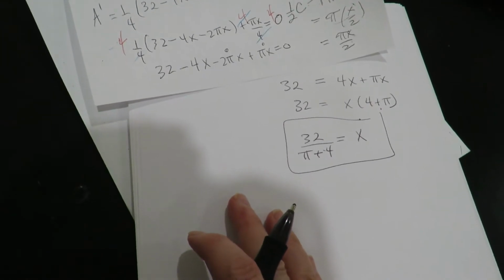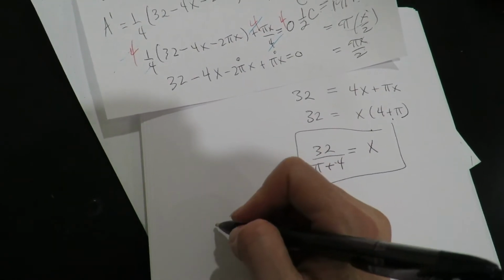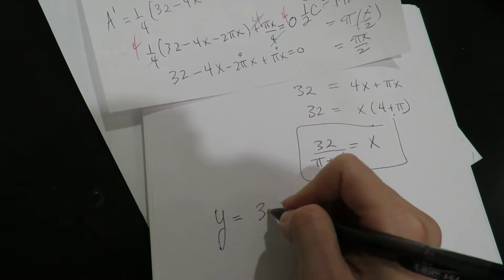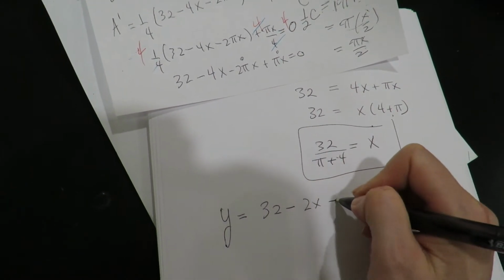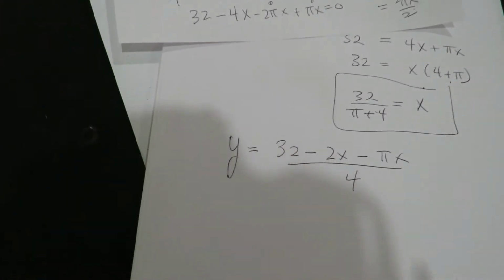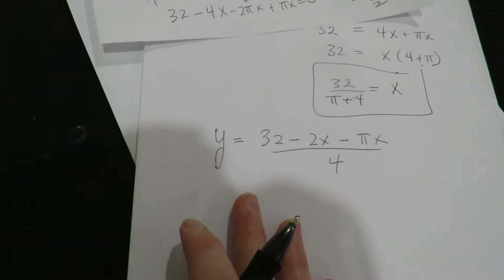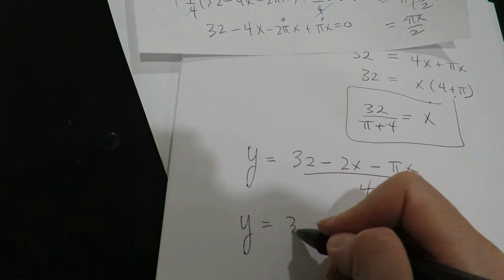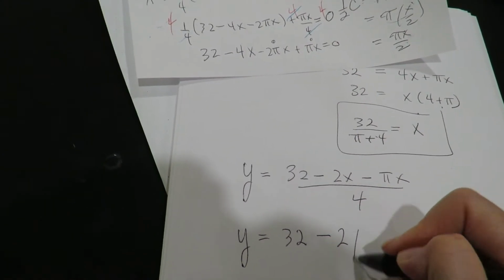And so now all we have to do is find y. So y again equals 32 minus 2x minus pi x over 4. And yes, you're going to shove that horrific looking number for x in there, because we're out here having some fun.